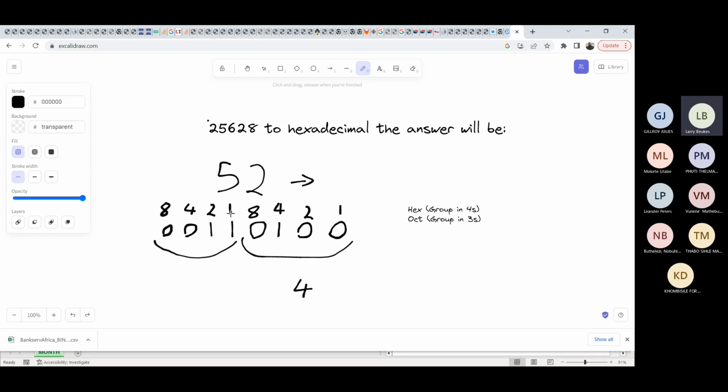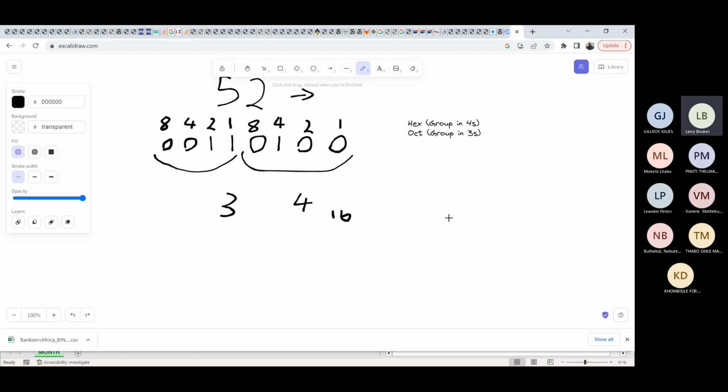So the answer here is 3. So this was going to be your answer in hexadecimal. So now let's get this answer in octal.